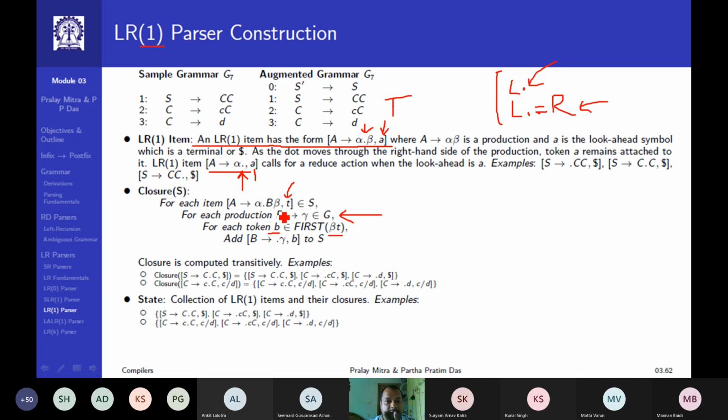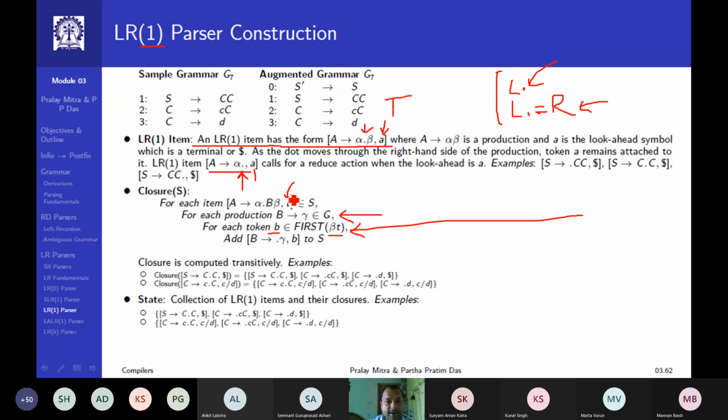Now if I consider the first of beta, you remember that first indicates the terminals which will occur at the first of the right hand side upon derivation. So when I consider terminal b belongs to first of beta t, then I am ensuring that this terminal or token b will occur right after B, isn't it?